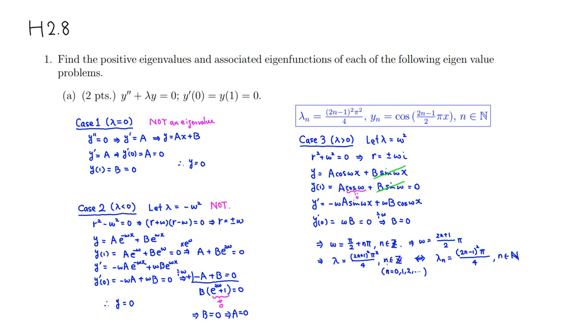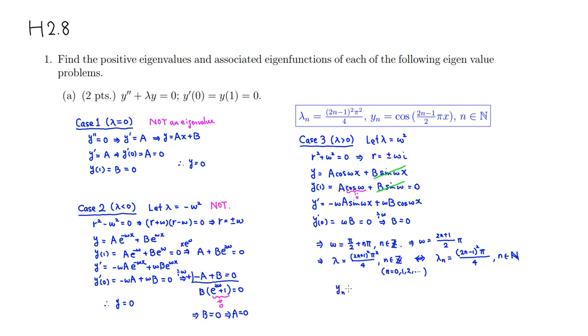Then we want to find the eigenfunction. It looks like we have a cosine here. For the eigenfunction, you can use y sub n or f sub n; in this case I'm using y sub n.